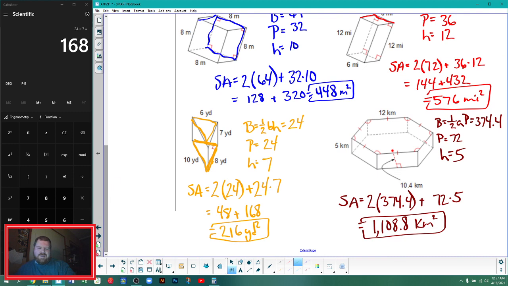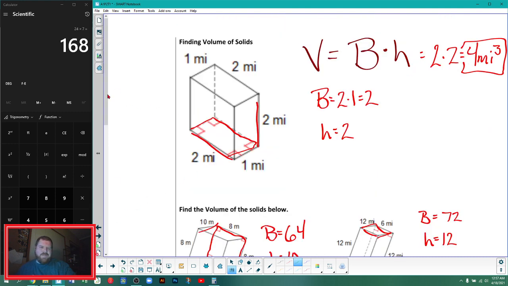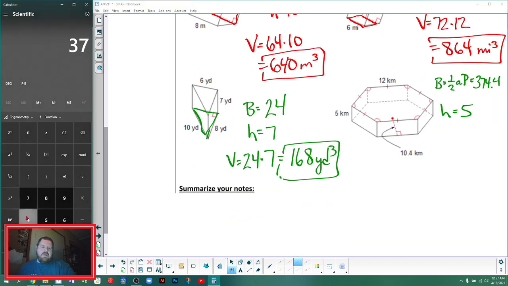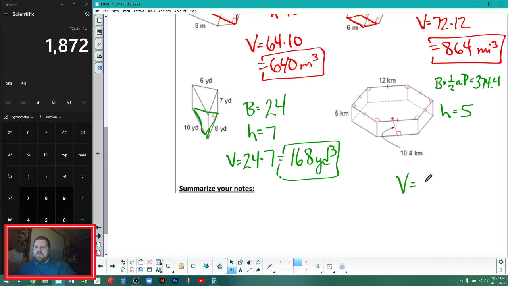Again, don't steal the wrong answer. The height is 5, and when we do that calculation, we get a volume of 1,872 cubic kilometers.